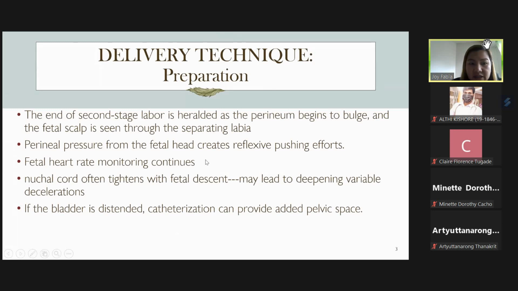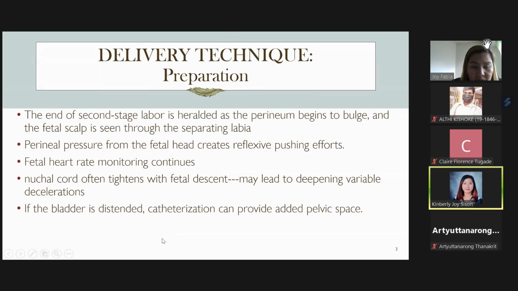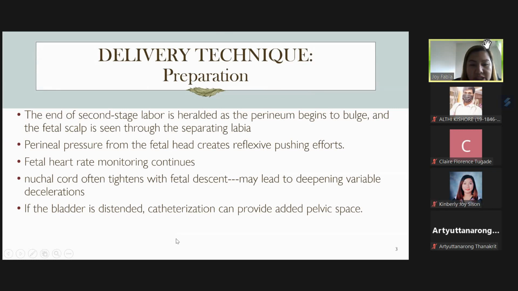So the delivery technique, this is the preparation. This is the end of the second stage of labor. So do you know how many stages of labor we have? Any one of you knows? 4 stages. So what are the 4 stages of labor?